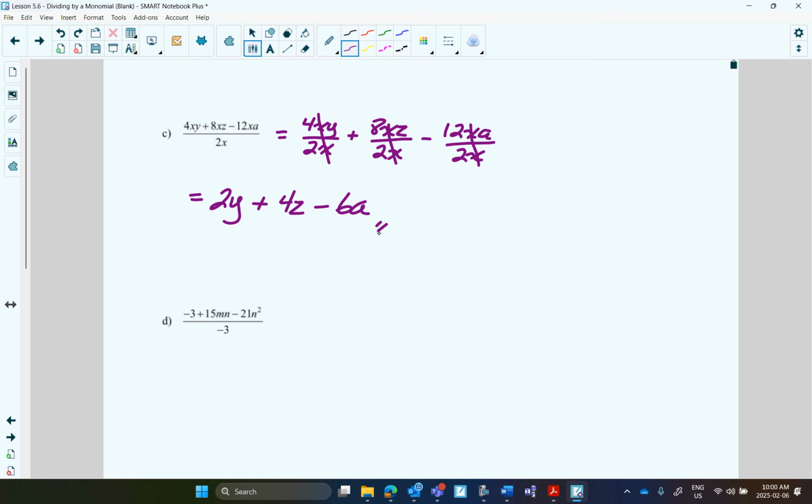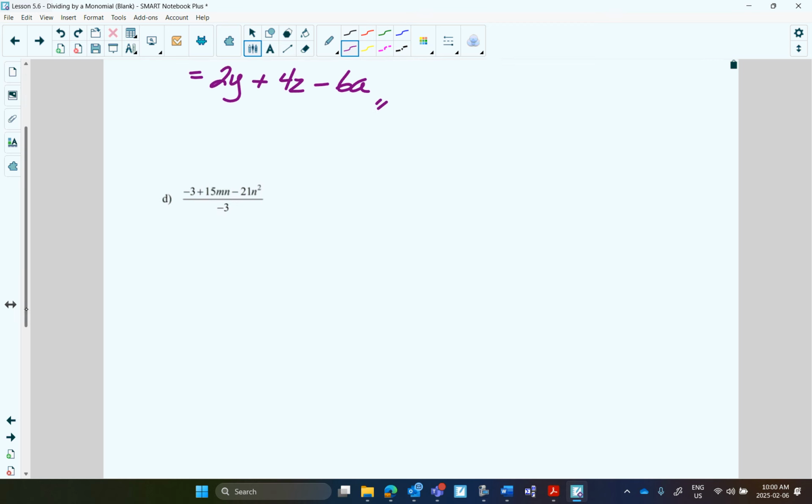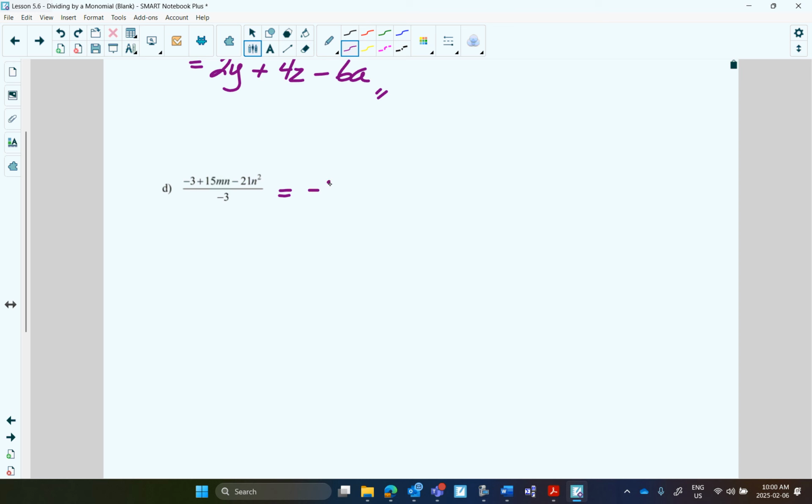Now, this one, sometimes students will make a mistake. So let's write it out. It's going to be -3 divided by -3 plus 15mn divided by -3 minus 21n squared divided by -3. This is where students make the mistake. What is this? 1, not 0.